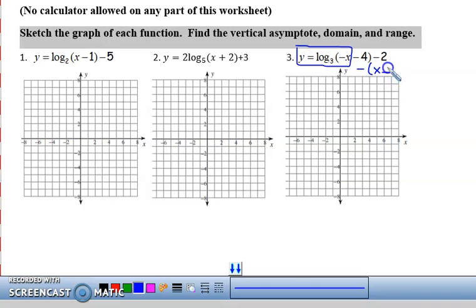Unless you don't want to take out the negative, you don't have to, but just keep in mind that that negative is going to affect your transformation slightly. So this negative on the inside with the log function is going to make it reflect over the y-axis. So we have a reflection over y. And then we have left 4. And then the minus 2 on the outside we know is going to make it go down 2.